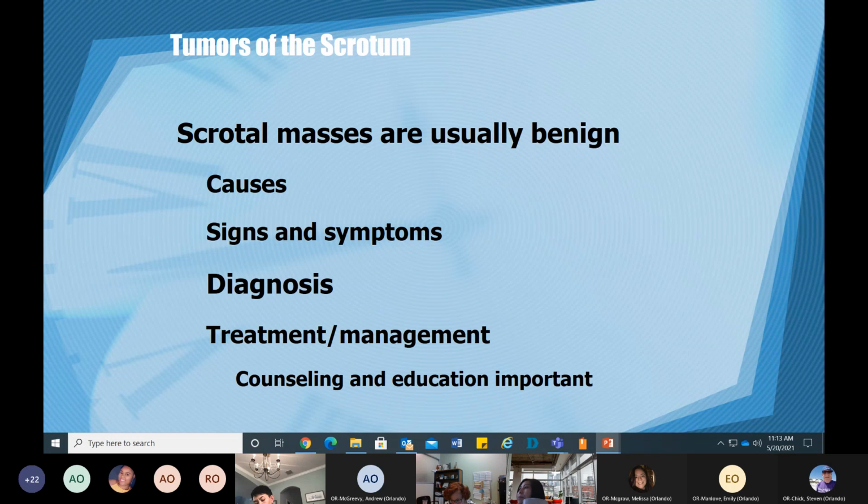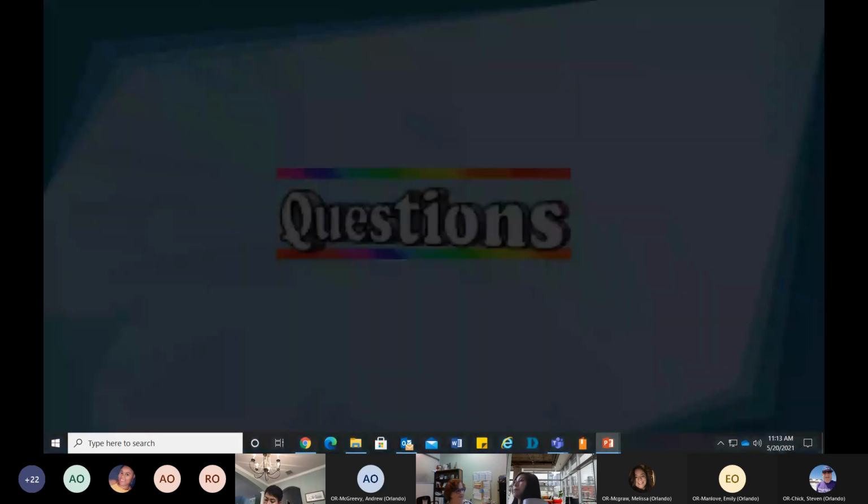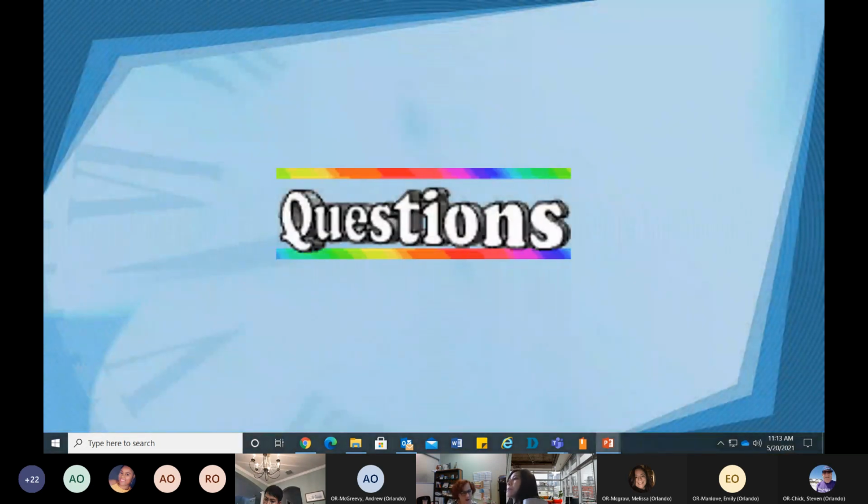And of course, all of that will affect a male's self-image and their ability to have sexual activity. So again, the masses in the scrotum are usually benign. All right, do you have any questions about this?